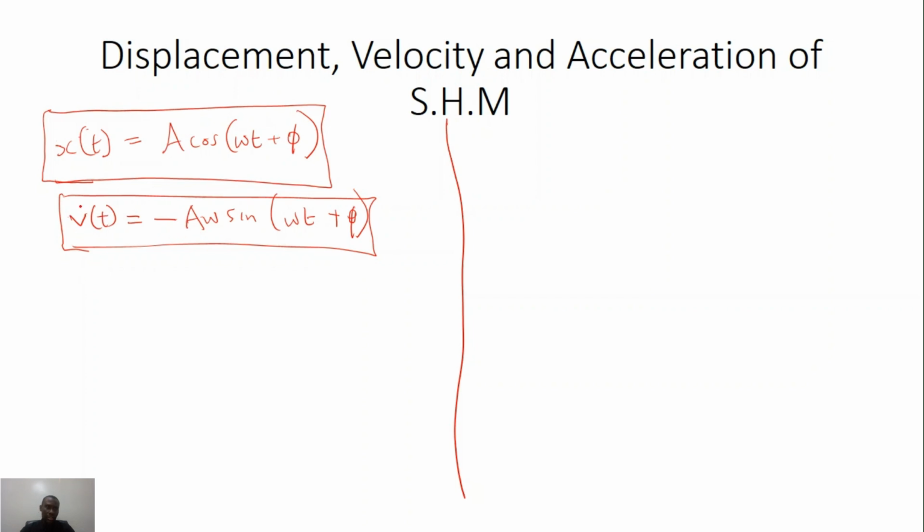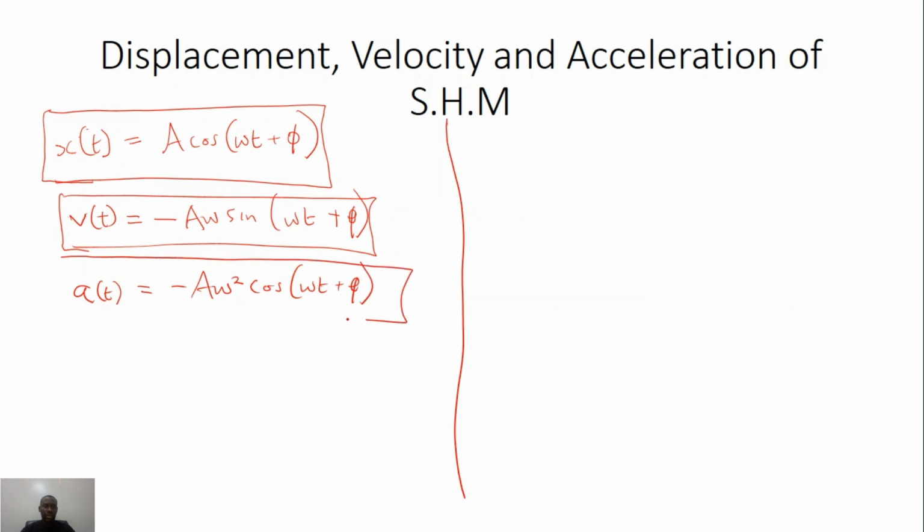To get the acceleration of a body undergoing simple harmonic motion, differentiating the linear velocity expressed as a function of time will give us the acceleration, and the acceleration as a function of time will be minus a angular velocity squared cos(wt plus psi).